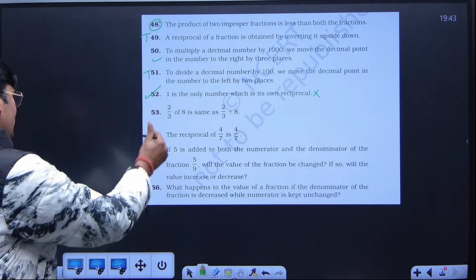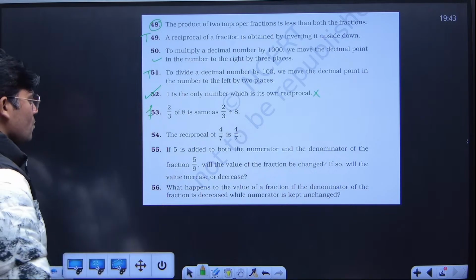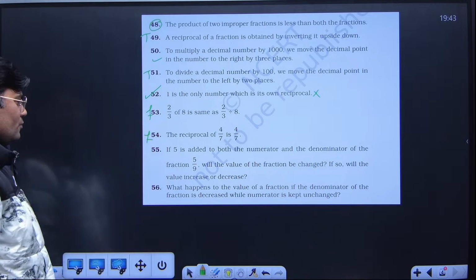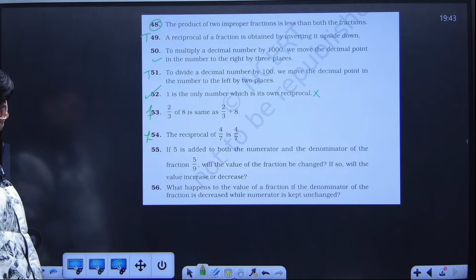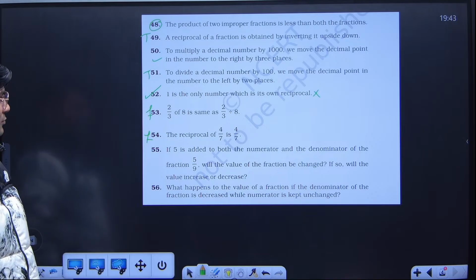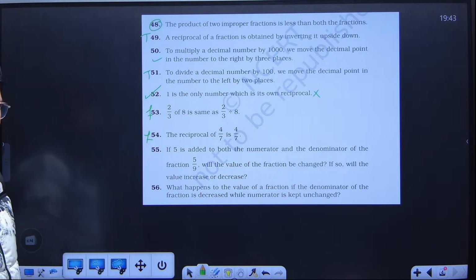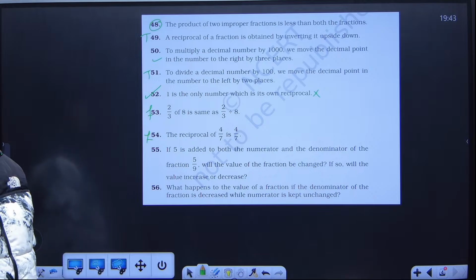False. Okay. False. What fraction? The value of the fraction will be changed and it will increase.